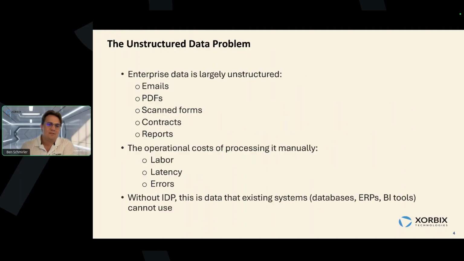Like I mentioned in the intro, enterprise organizations have a plethora of unstructured data. I've seen up to 80% unstructured data in the form of emails, PDFs, scanned forms, contracts, reports. And these scanned forms are sometimes humans writing in their handwriting, filling out forms that aren't programmatic or typed.